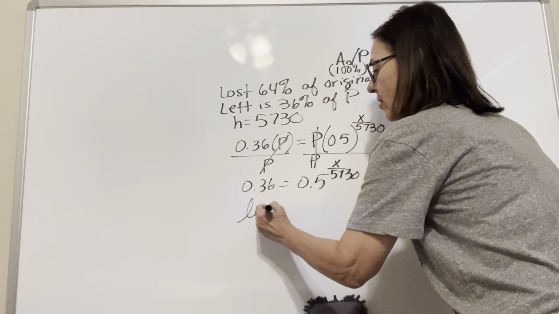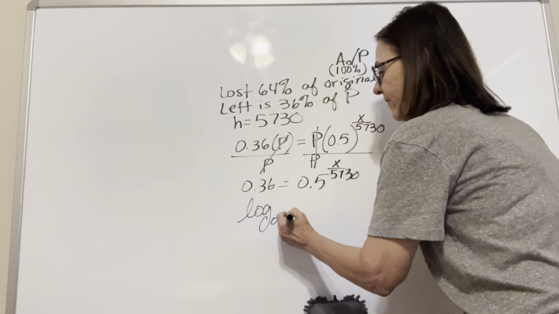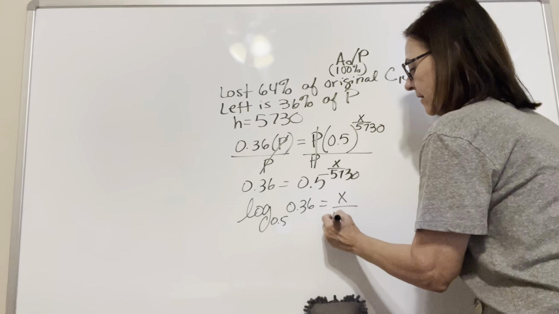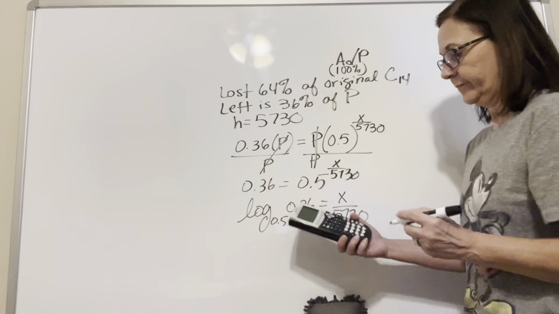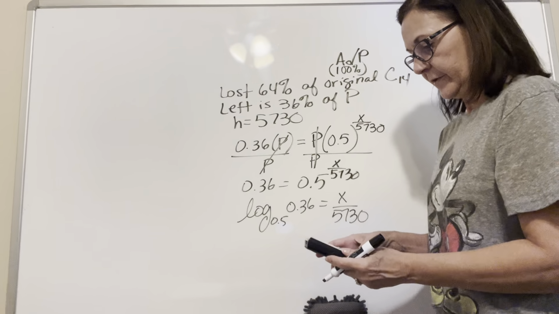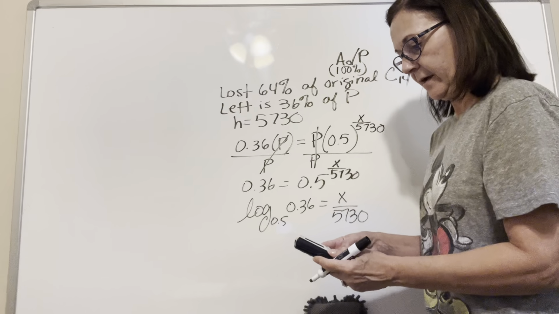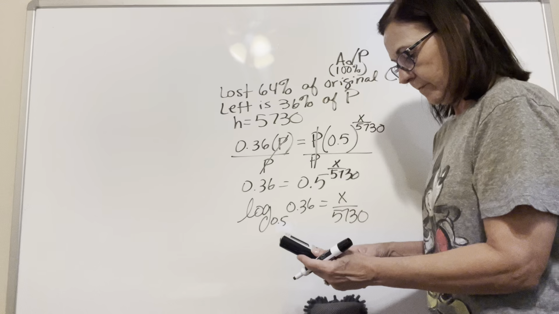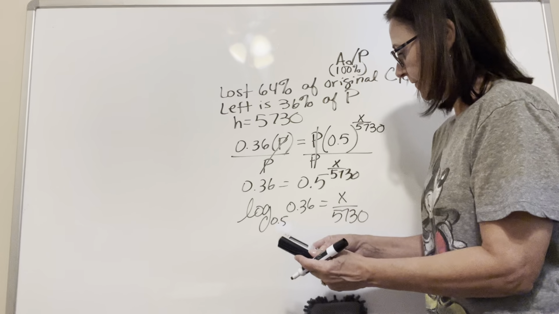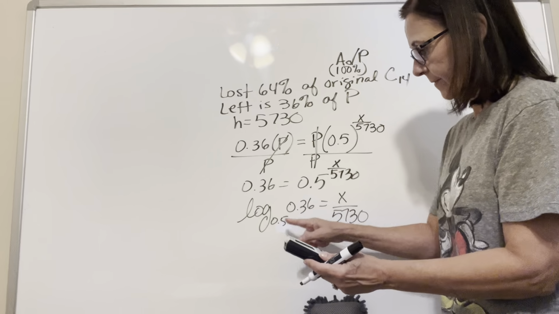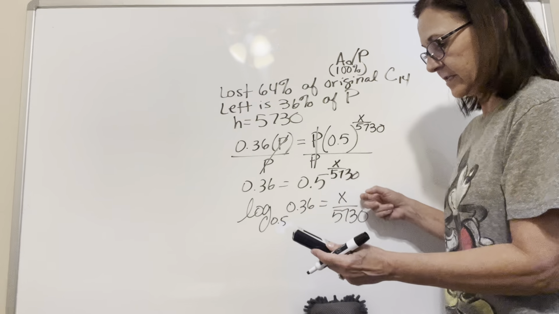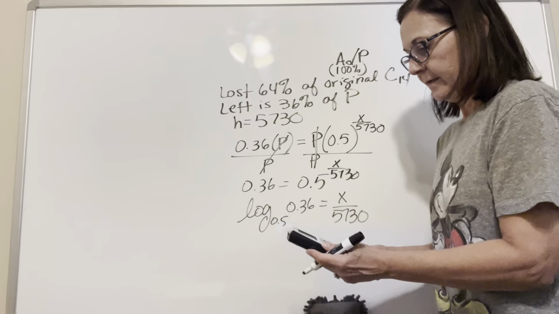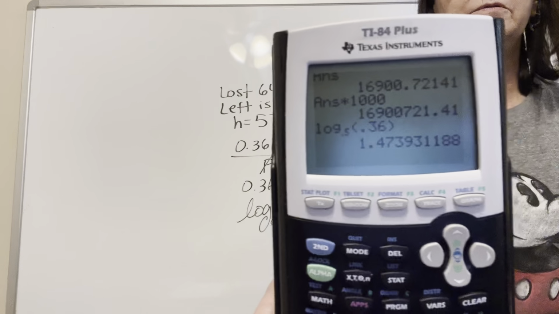It's going to be the log base 0.5 of 0.36 equals x over 5730. I'm going to do this in my calculator. Remember, it's math, and I go down to log base a. My base is 0.5. My argument is 0.36. So that's what it equals.